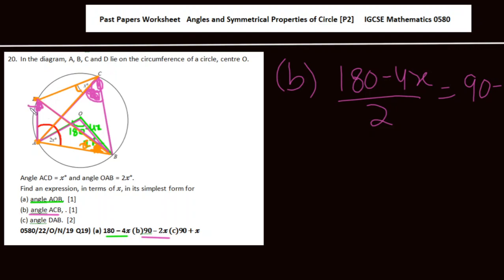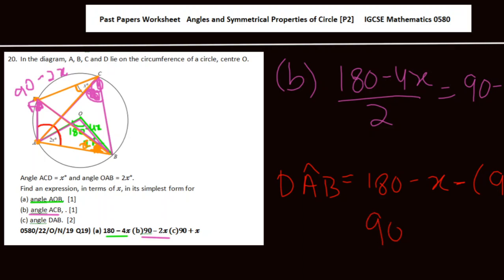Now we can find the red angle, which is angle DAB. So angle DAB will be 180 minus the orange angle, which is x, minus the purple angle, which is 90 minus 2x, which gives us 180 minus 90 is 90, and minus x plus 2x is plus x.